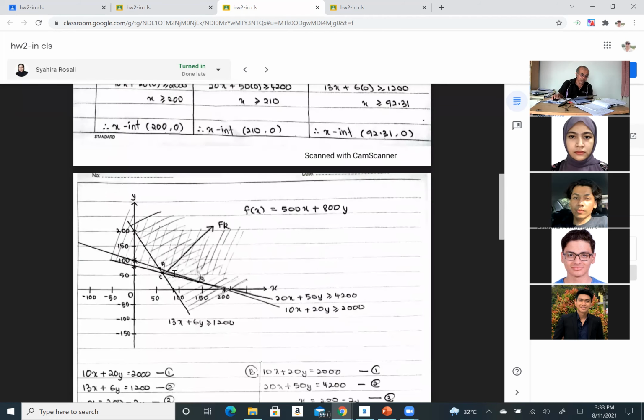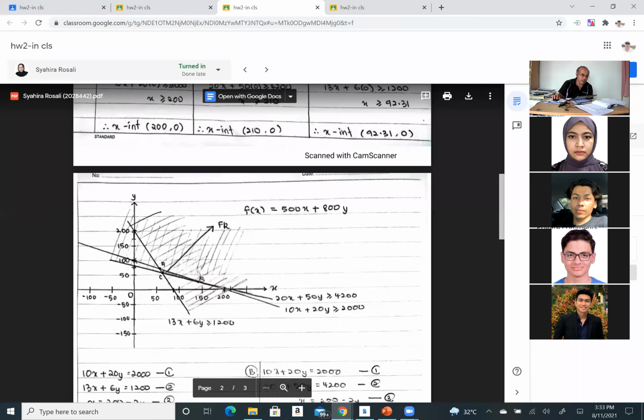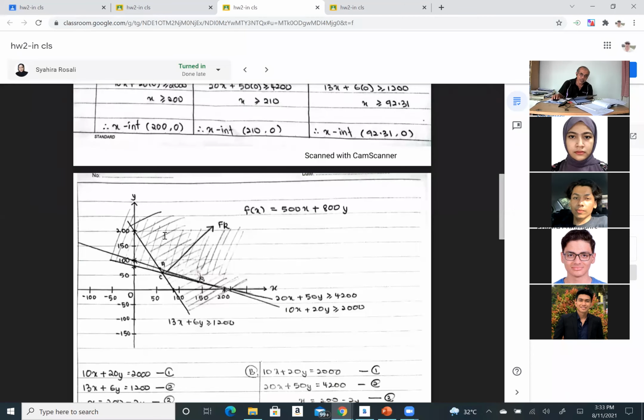Like this student here, you have the feasible region wrong. So go back to your answer here, redo it, and relabel the correct feasible region.